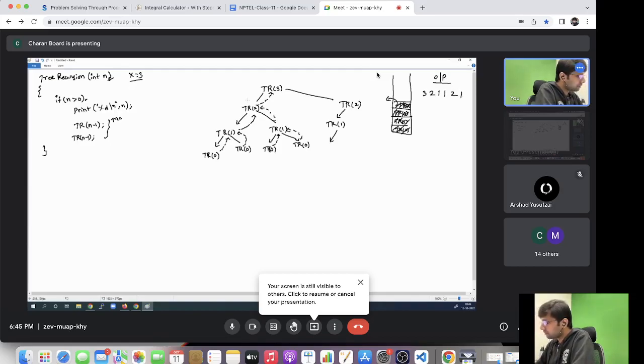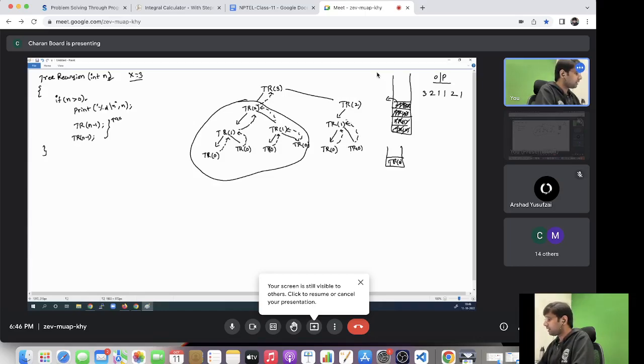So that same left tree of what happened here will be coming here as well. TR1 and TR0. Okay, so again there is nothing to print here, so it will come and pop out another TR0.